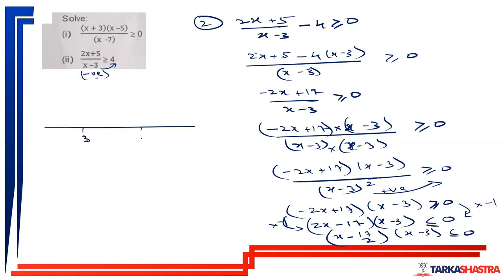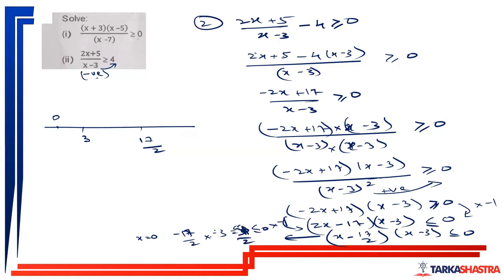We have 3 and 17 by 2. If x is equal to 0, this will become minus 17 by 2 into minus 3, which is equal to positive 51 by 2, not equal to 0.